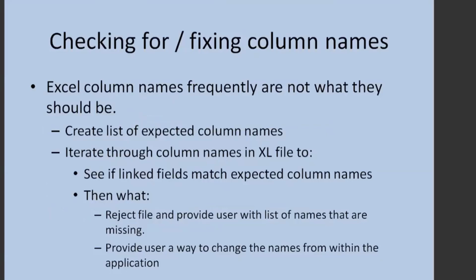One way is just to run through the list of expected column names. If they're not found in the source spreadsheet, then I pop up a message and say, hey, these column names do not match the column names that are needed in the application. Please fix these. Then I create a little report for them to print, so they have those names as they go fix it.